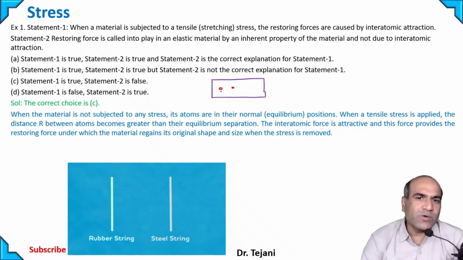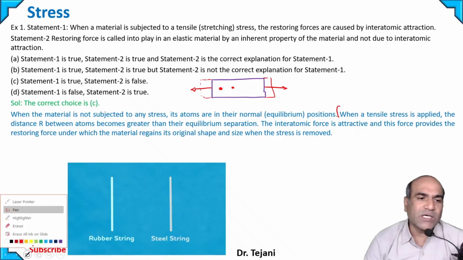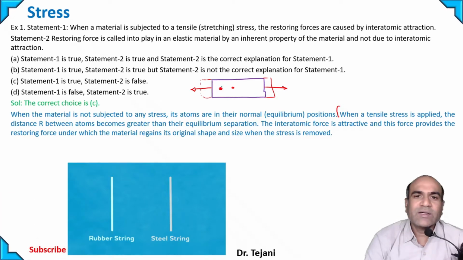It tries to retain its position every time. Then when a tensile stress is applied, that means a load is applied, we are applying force on both sides, and because of that there is an increase in length of the body. Similarly, these molecules also move apart.